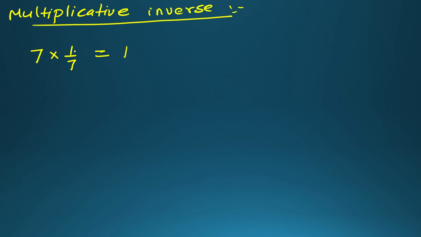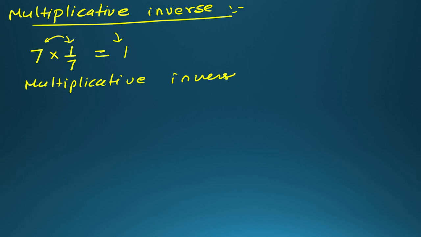The multiplicative inverse of a number is a number such that when we multiply both numbers, we must get the multiplicative identity, that is 1. So the multiplicative inverse of A will be A inverse, provided A is not equal to 0.